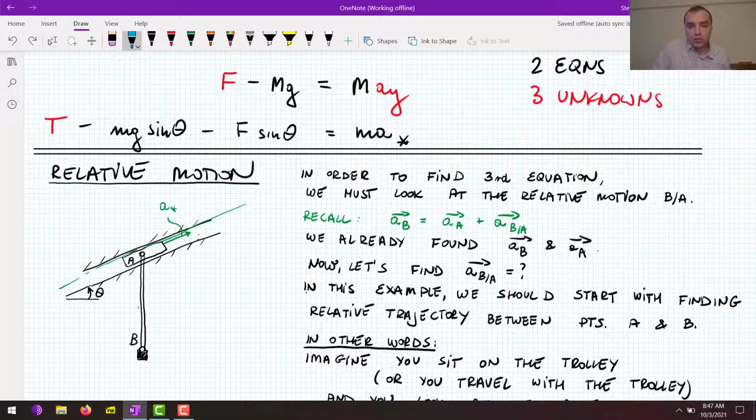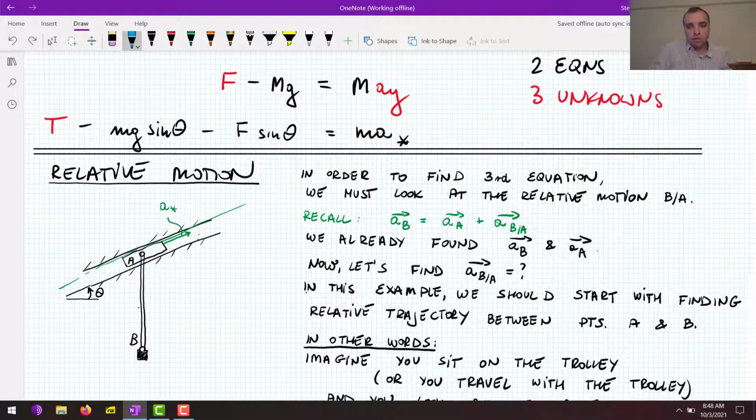I hope that you recall this expression from Tuesday's lecture. And we already found these two parameters, A_B and A_A. Now our goal is to gather some information about A_B/A.